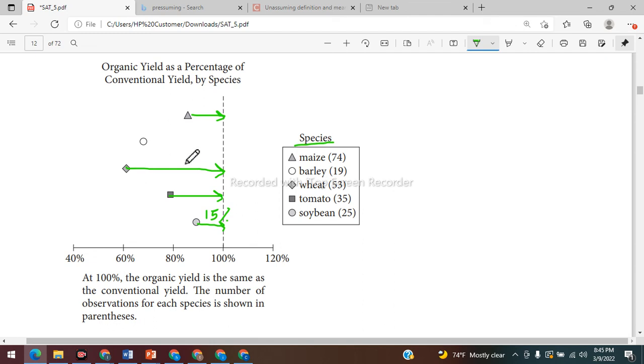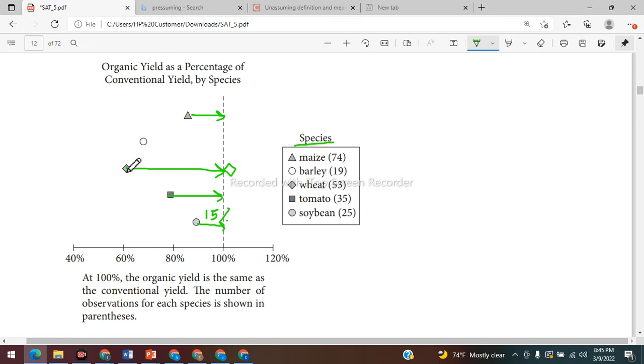But if this diamond was here, what would that tell us? That the organic is the same as the conventional yield. Very good. That if we plant wheat organically and conventionally, we get the same yield, if the diamond was on this line.